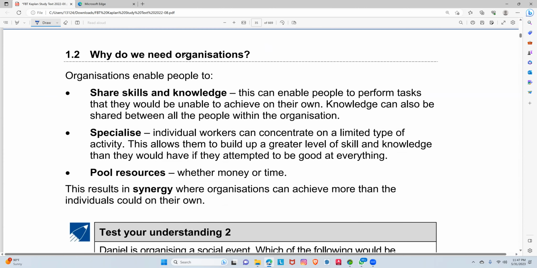Now, why do we need organizations? We get shared skills and knowledge, we have specialized people in it, and we can pool resources in it.